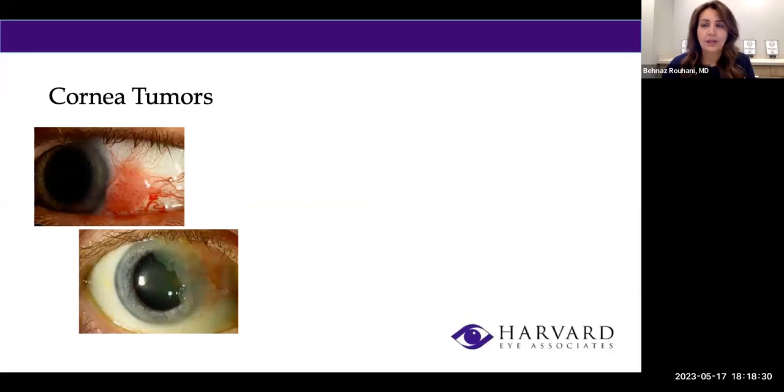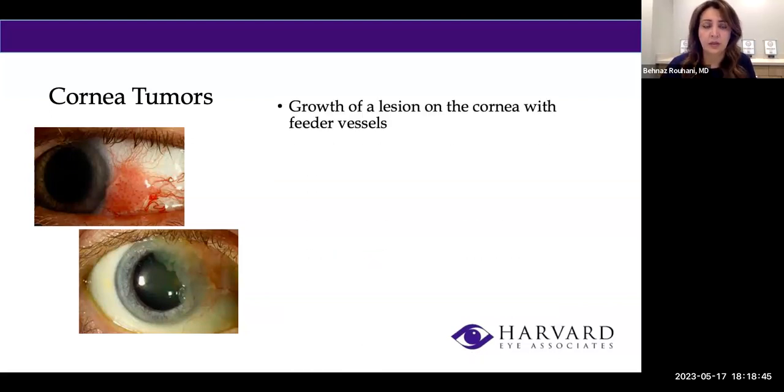And last but not least, cornea or eye surface tumors. Thankfully, these are not as common these days, but they are associated with viral infections and UV exposure too. These could be seen as a growth with strawberry-like features, a whitish growth extending on the cornea with some bad tortuous vessels.